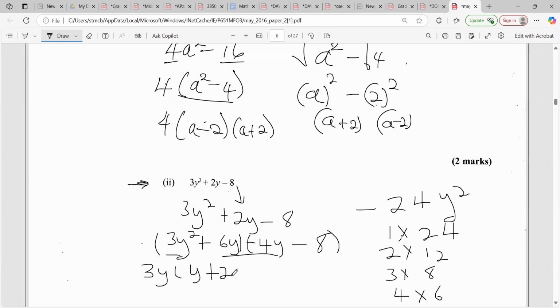Then for the other pair, the highest number that can go into 4 and 8 is definitely 4, and then we divide.